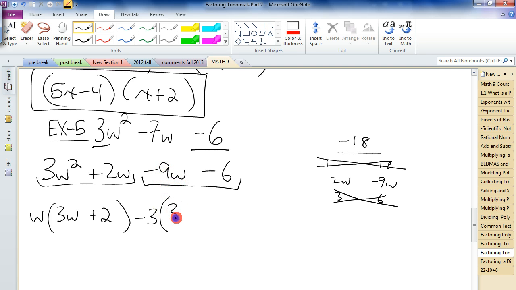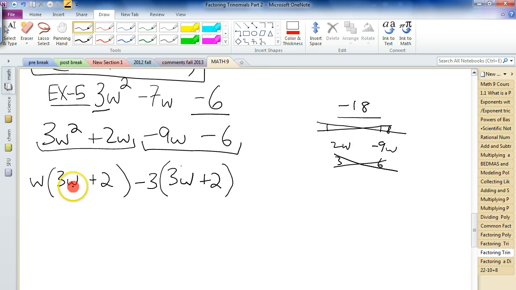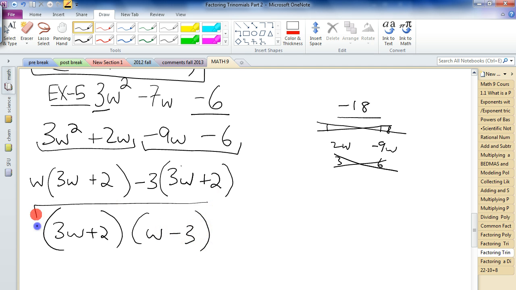W. 3w. What times negative 3 gives you negative 6? Positive 2. What's the common factor? The 3w plus 2. So you pull out a 3w plus 2. What are you left with? W minus 3. That's it.